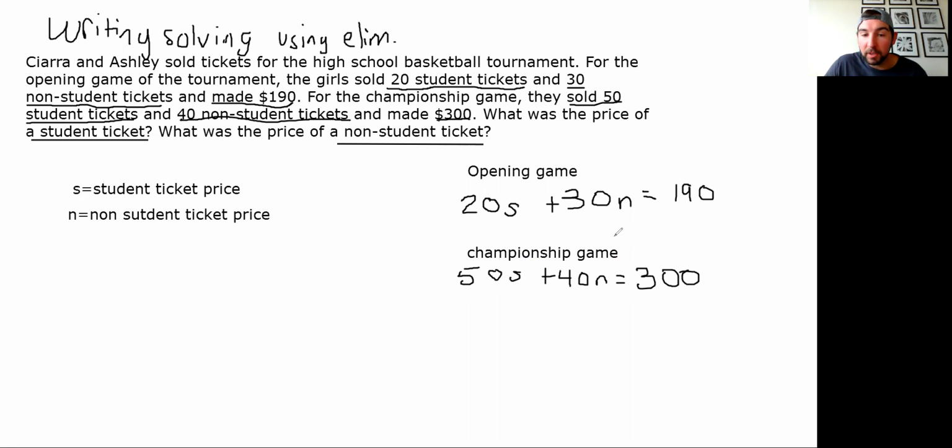Those are my two equations, and I can go ahead and type those right here. I have 20S plus 30N equals 190. And I also have 50S plus 40N equals 300. So those are my equations.